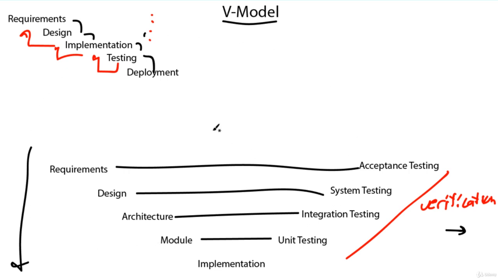So the first one is requirements. With requirements, what we have is this idea of acceptance testing. Acceptance testing is testing to make sure the requirements are exactly what we want. An example of this would be to come up with the requirements and try to create simulations or potentially come up with documents that would detail each use case. So how exactly are we planning on having the user use the system?